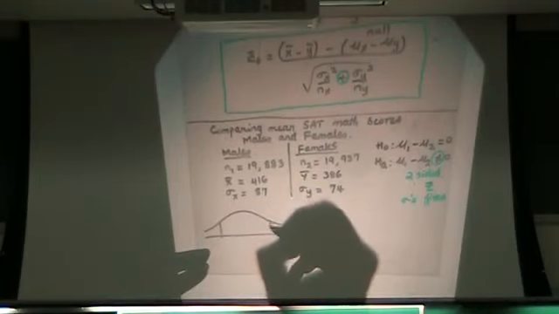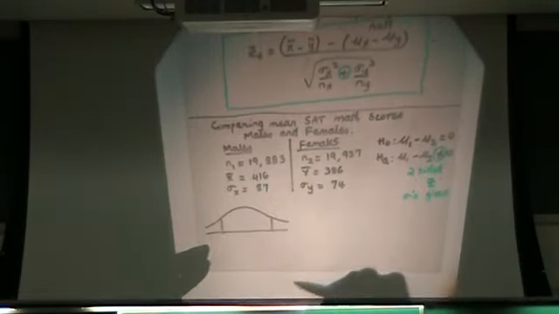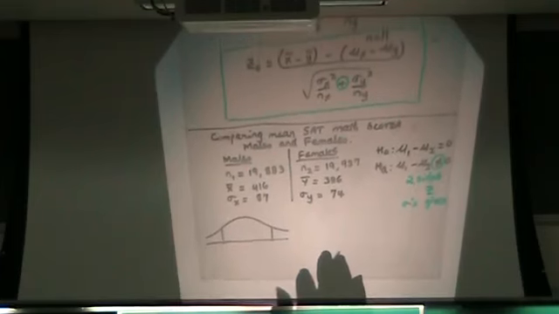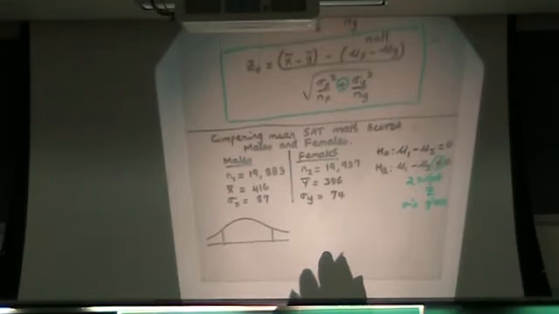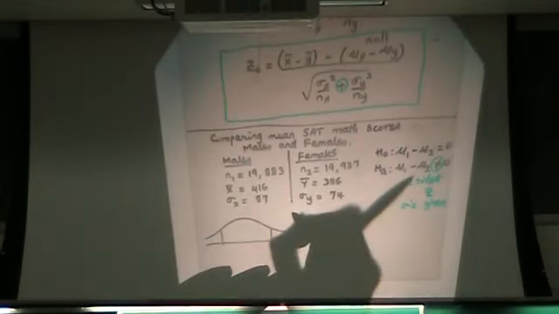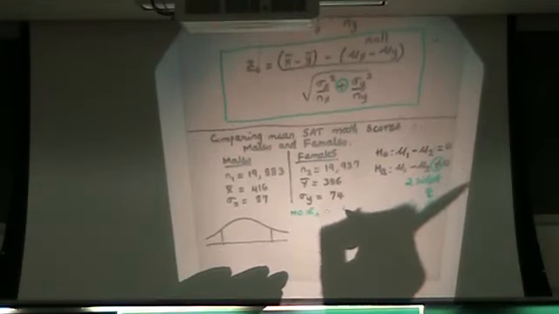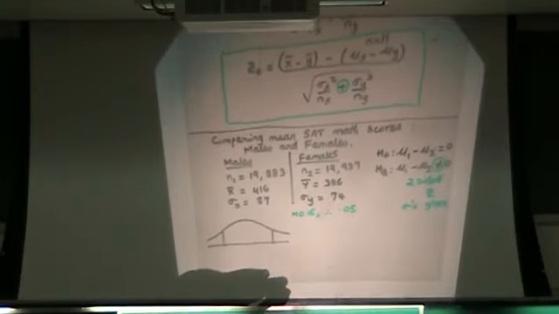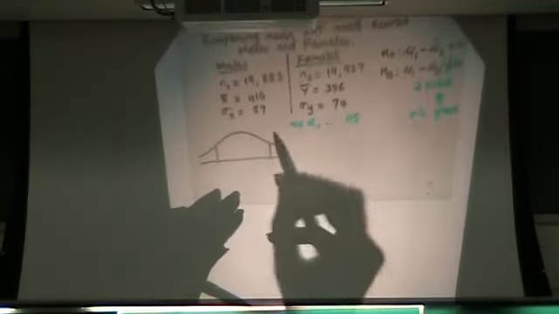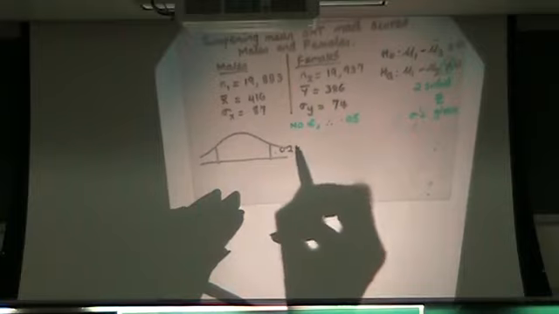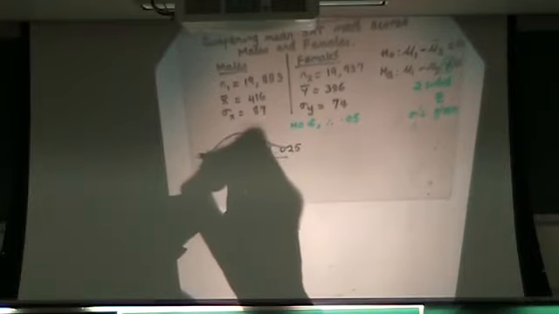Two rejection regions. I don't know if they gave me an alpha or not. No alpha given. Let's just start saying that. No alpha, therefore use 0.05 for alpha. So I'm immediately going to split my alpha into 0.025 and 0.025.